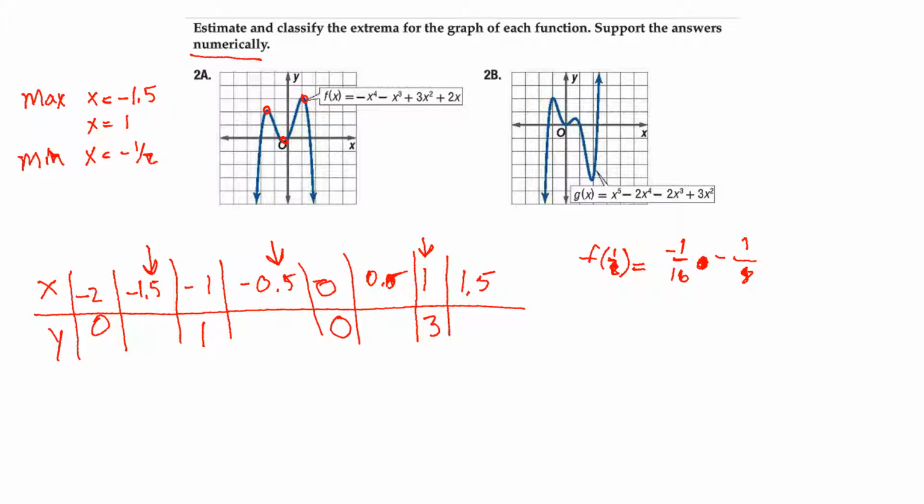And then plus 3 times 1/4, so plus 3 over 4, plus 1.